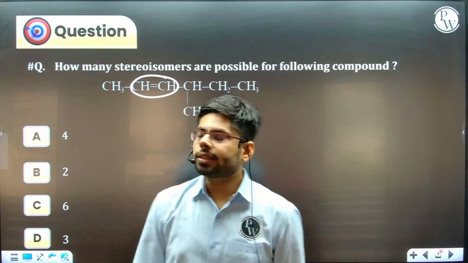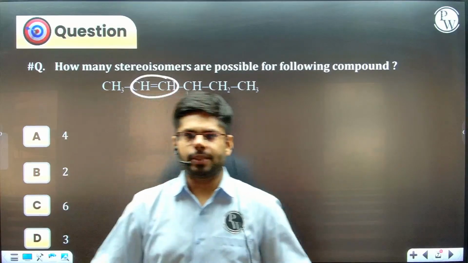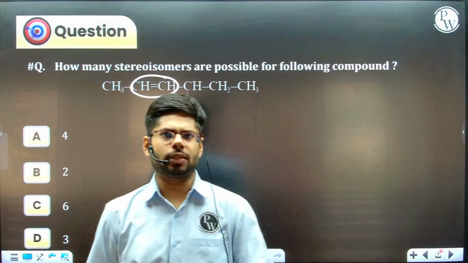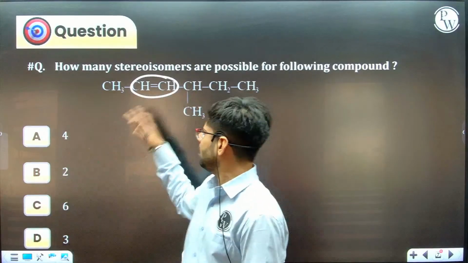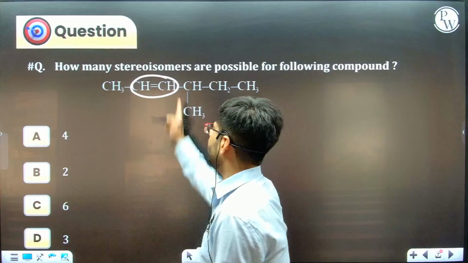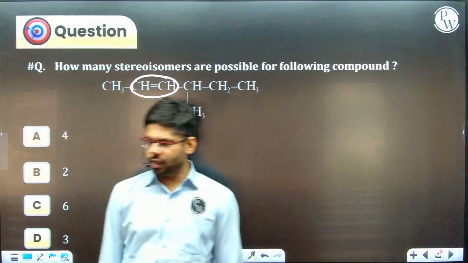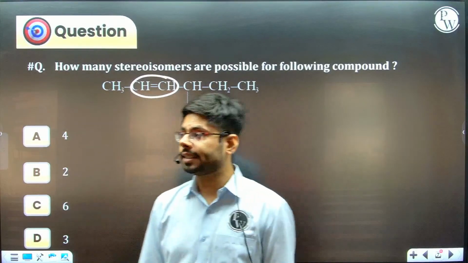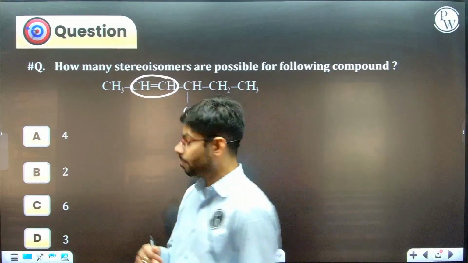Also, there is no chiral carbon here. There is no special system around which optical isomerism would be possible. There is no allene, there is no cumulene, there is no scope for ortho-substituted biphenyl, nothing of that sort. We have just one double bond here, so we will discuss geometrical isomerism and see if it is possible around this double bond or not.